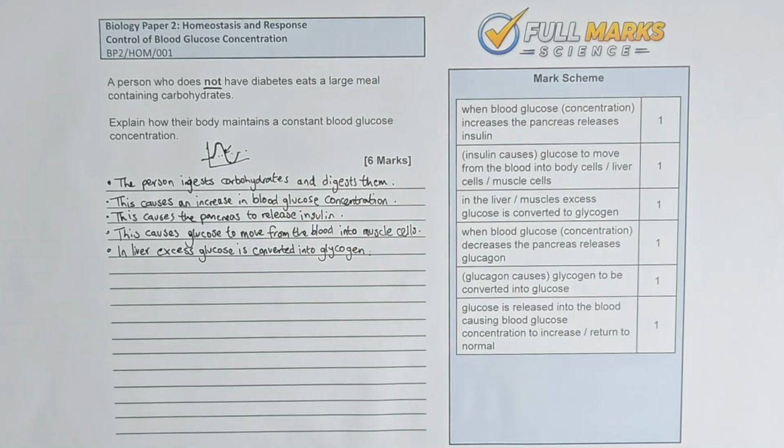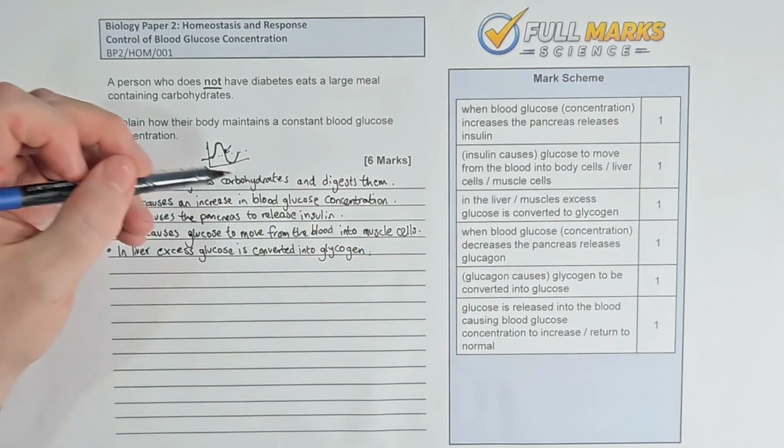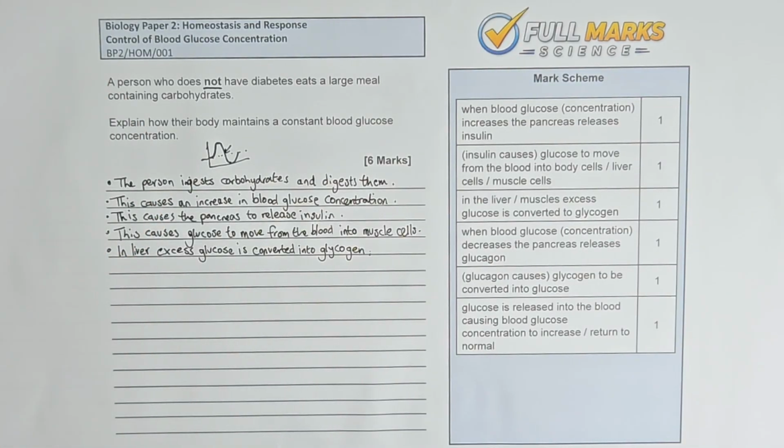This is where we're getting the rest of our marks, because this is a natural place where a lot of students would stop answering this question, because they've said that the blood glucose has gone up and the insulin's caused it to come back down, and they've said exactly where the glucose has gone and about being converted into glycogen, but then they haven't described the rest of the process. So they'll still get maybe 3-4 marks at this point, but not full marks, and we want all 6.